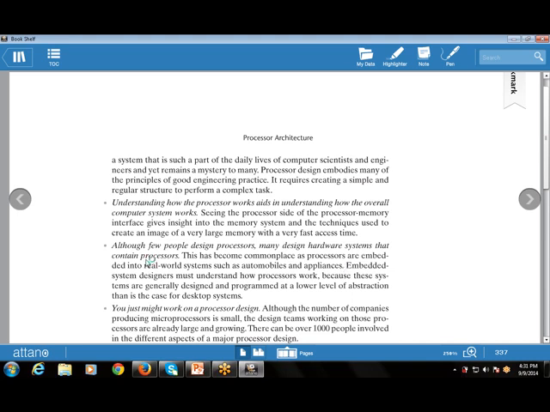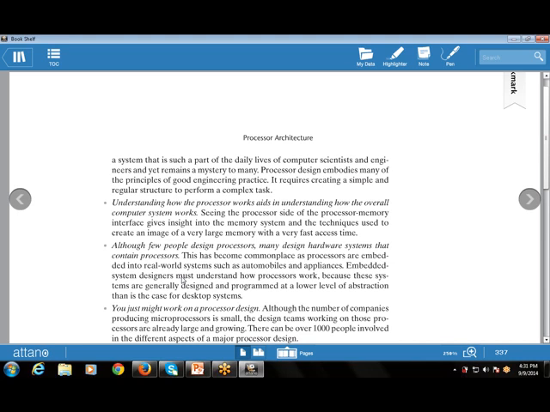The next point says, although few people design processors, many design hardware systems that contain processors. That is, few people design the processor, but many design hardware systems that contain processors. So it is very interesting to know the architecture of the processor.